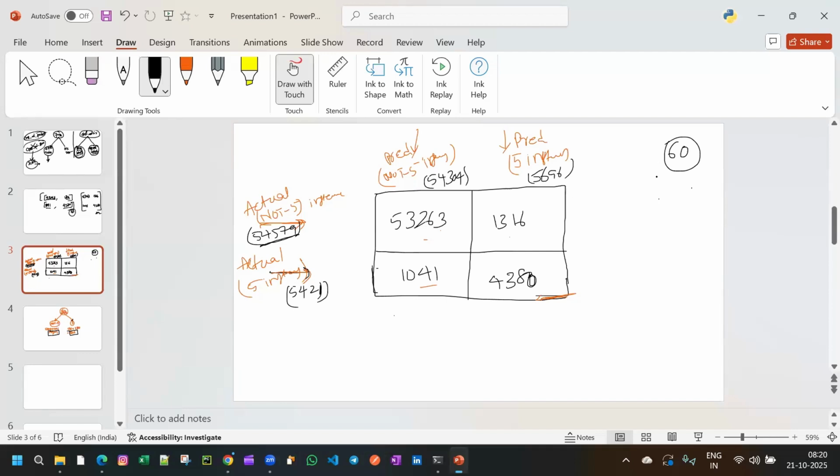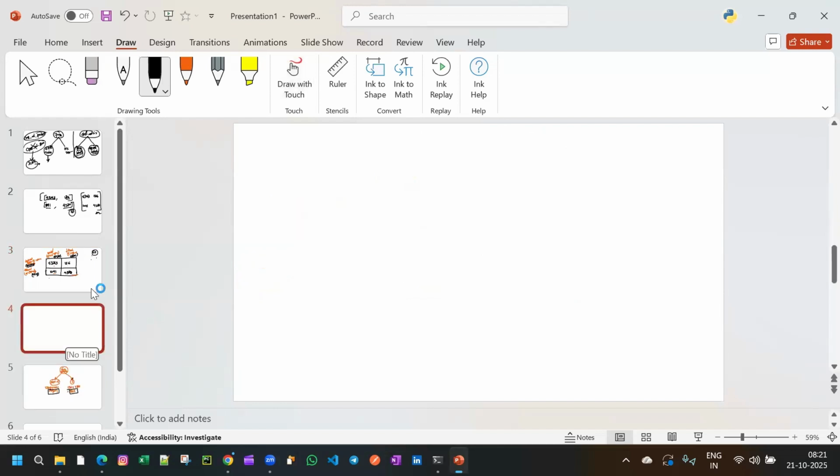And out of these 60K images, my model has predicted 54,304 as not 5 images, and 5,696 images as 5 image predictions. Is this concept clear so far? Anyone have any questions?